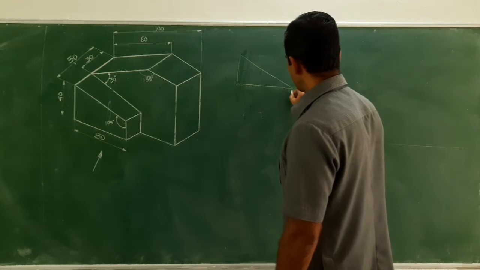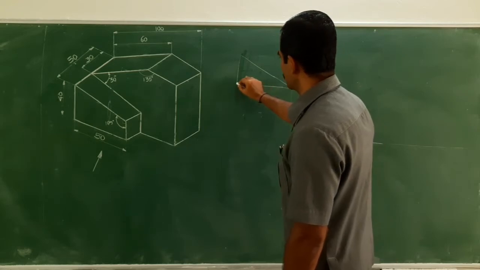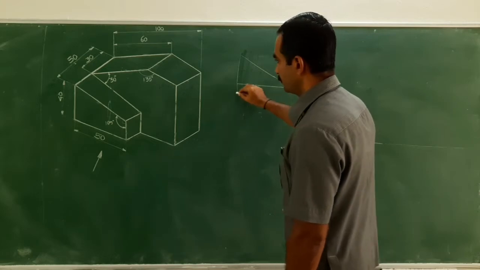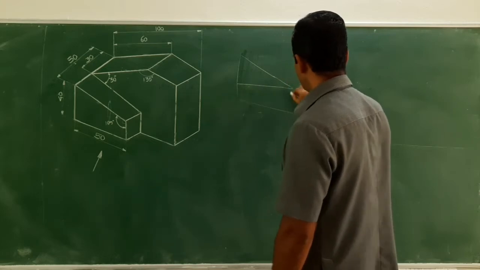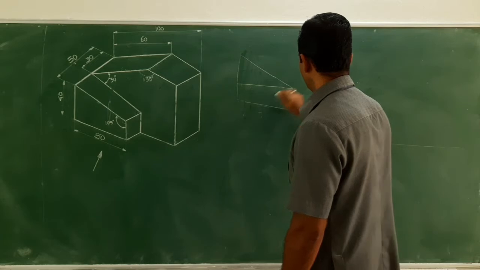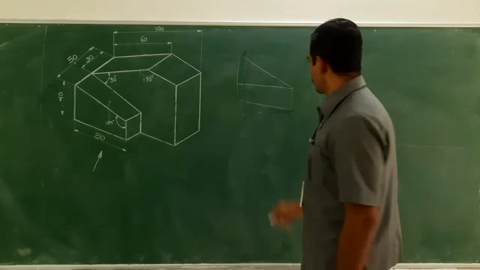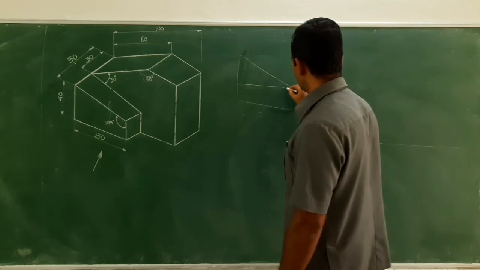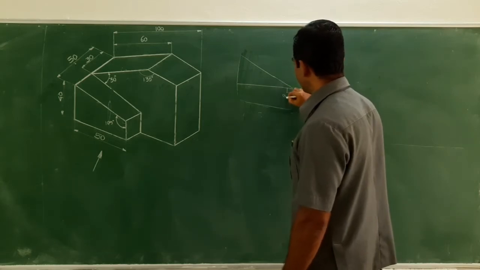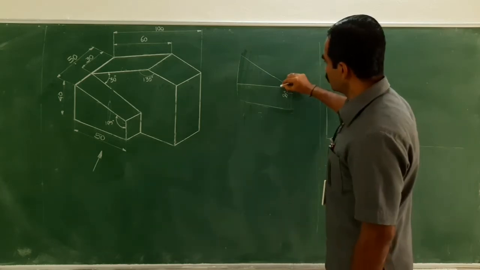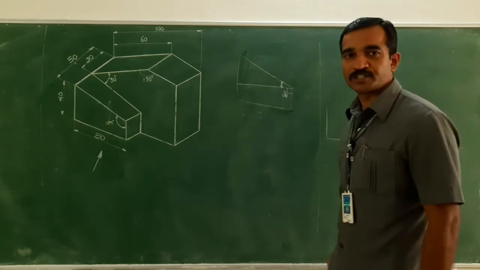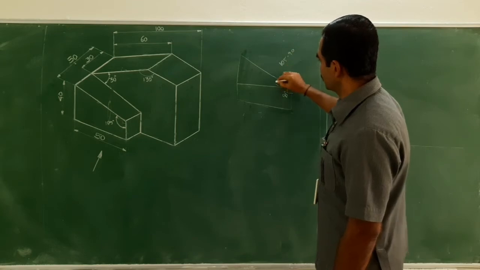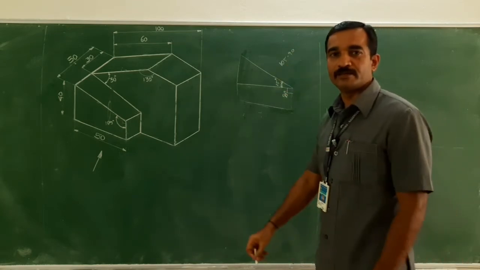Let me draw the full view so that it would be easy for you to understand. Right, so that in totality it is 105. If I divide this into 2, this could be 90 degree, and what could be the balance portion? 105 minus 90, this could be 15 degree.